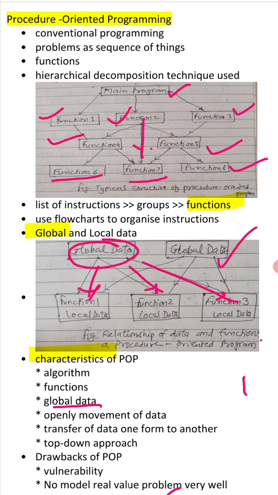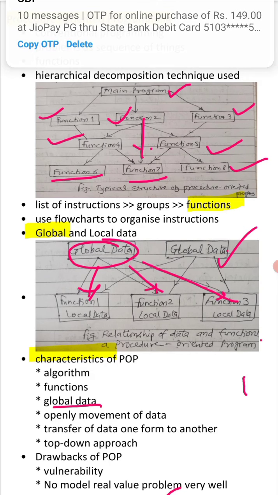So for these drawbacks, the new object oriented programming was developed.